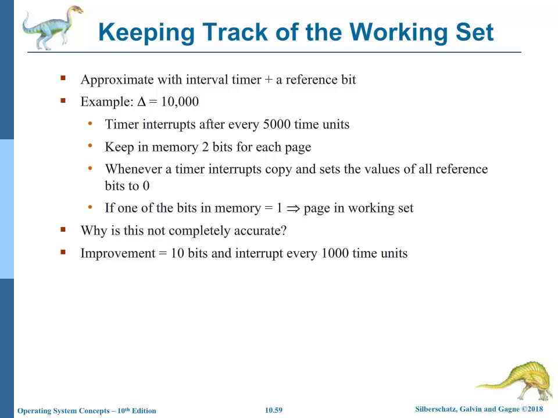The hard part of the working set model is keeping track of what pages are in the current working set, since every reference adds one to the set and removes one older page. An approximation can be made using reference bits and a timer that goes off after a set interval of memory references. For example, suppose that we set the timer to go off after every 5,000 references by any process, and we can store 2 additional historical reference bits in addition to the current reference bit.